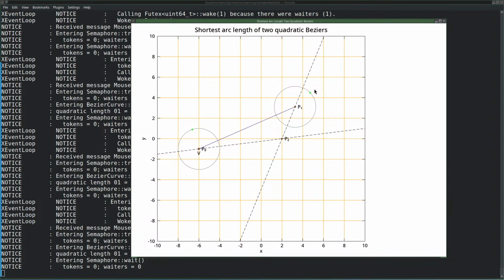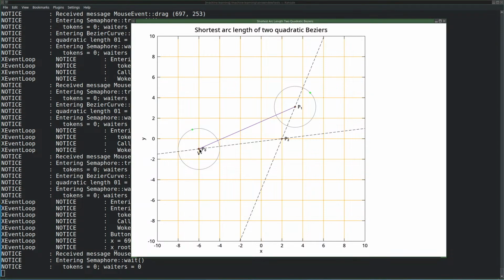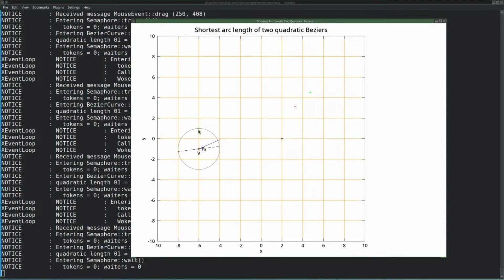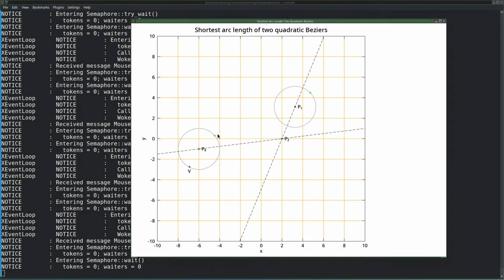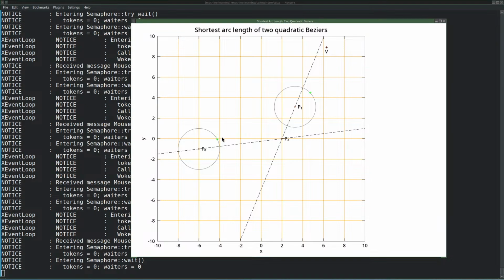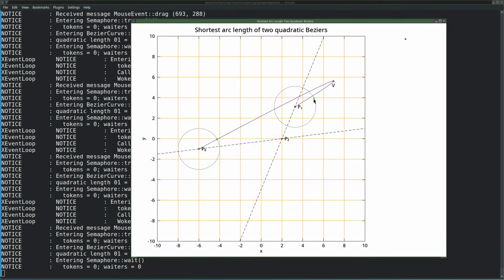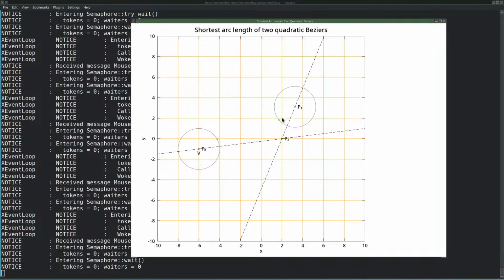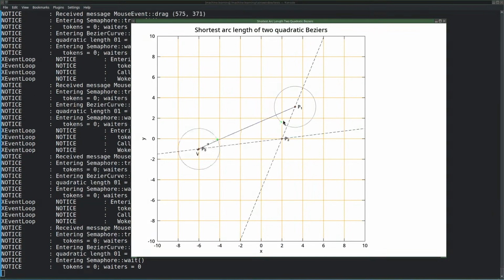Really? Oh wait, it's going in this direction. Yeah, I have to zoom in and then you see something like... There's the intersection point there. And here's the same thing, of course. There we go. Anyways.